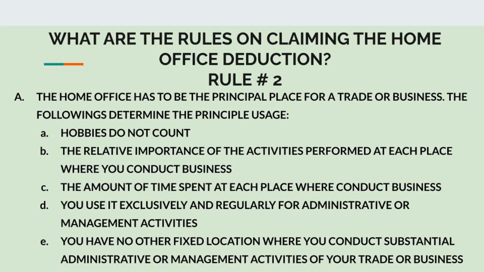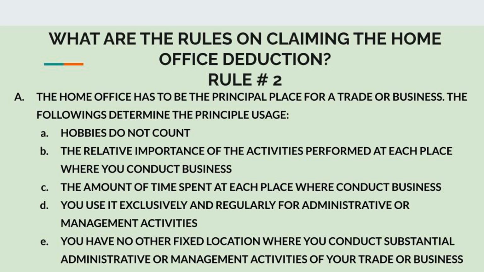You use it exclusively and regularly for administrative or management activities. So one particular aspect of every trade or business is the administrative and management activities of it. In the next slide, we're going to go over what are considered administrative or management activities.